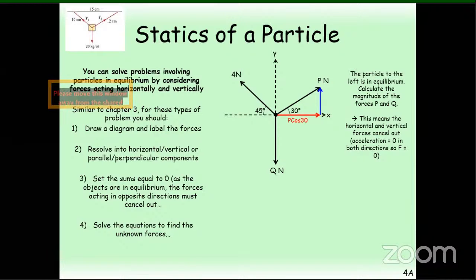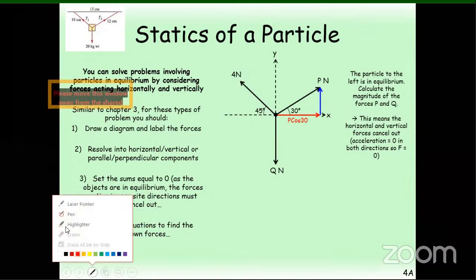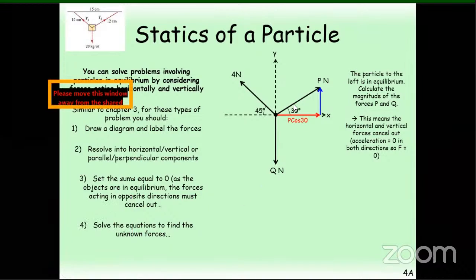Do we need to do it here to see how it comes to be P cos 30, or are we comfortable with it? We do. Okay. So this is our 30 degrees.